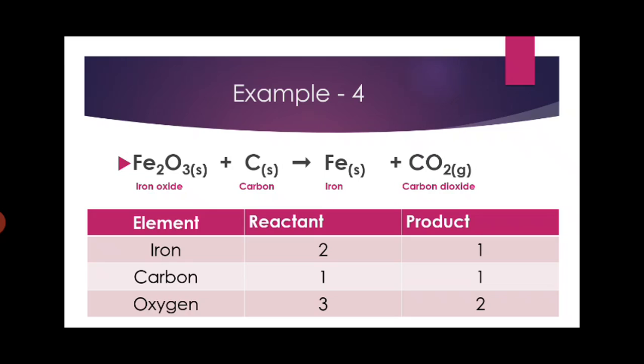First, we balance the oxygen atom, because on the reactant side there are 3 oxygen, and on the product side there are 2 oxygen, and carbon is already balanced. Iron is again unbalanced, but we first work with the oxygen. We have to work with one atom at a time.